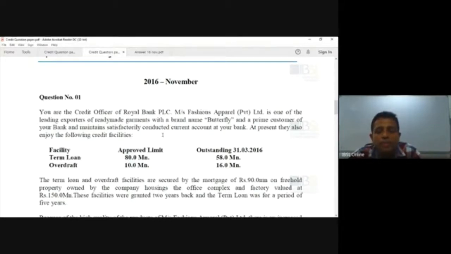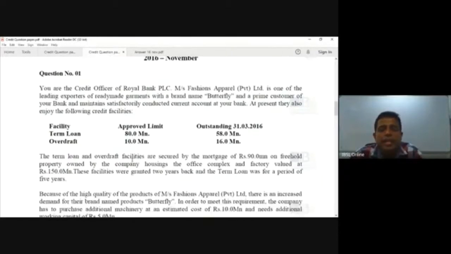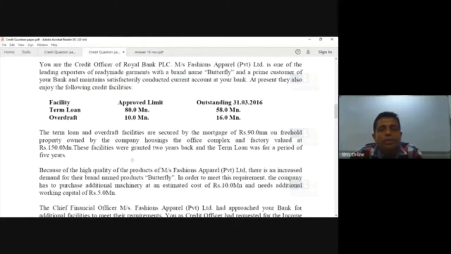Current outstanding for the loan is 58 million. For the overdraft, they have exceeded the limit, that is 16 million. And all of these 90 million approved facilities are given by the bank, taking into account a 150 million value factory. That is 90 million out of 150, which means 60% exposure is there.